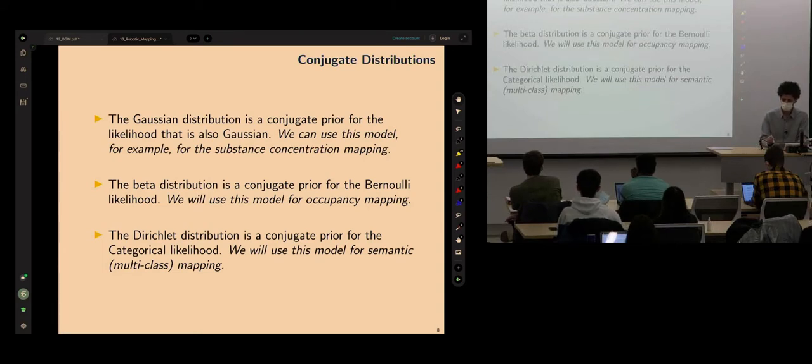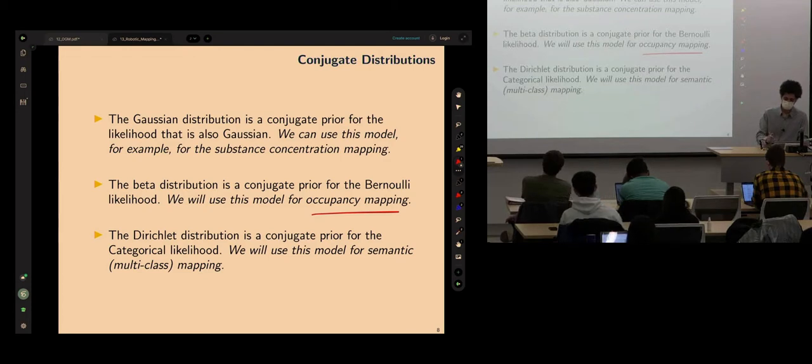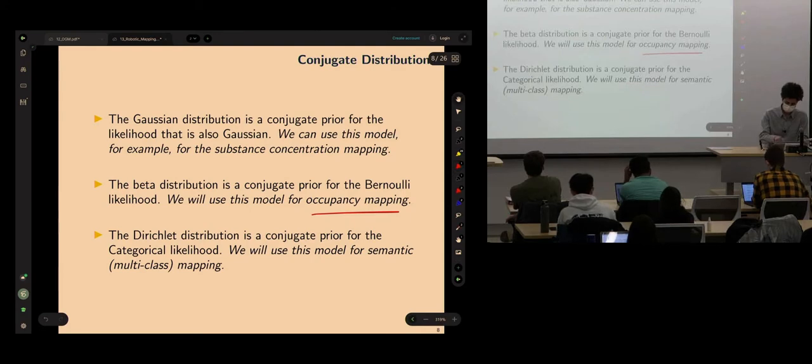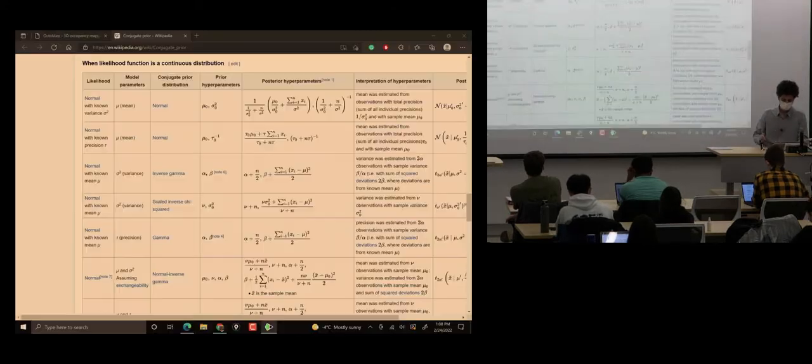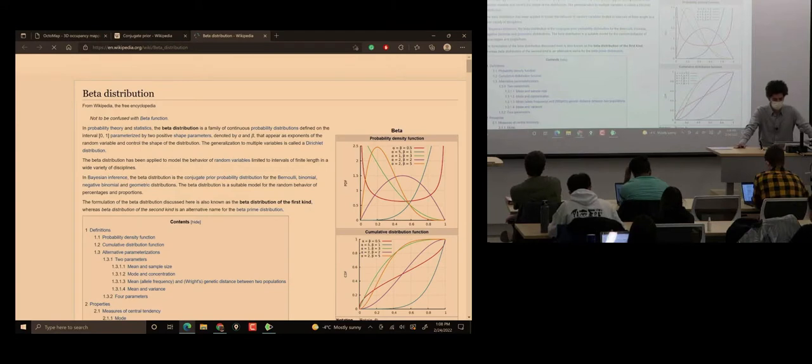In the context of occupancy mapping, we're dealing with a discrete case. We already know that a cell is occupied or not, so that makes it binary. So a Bernoulli likelihood is for the binary case. But what is the prior or posterior? That's what we need to look into. Beta distribution.